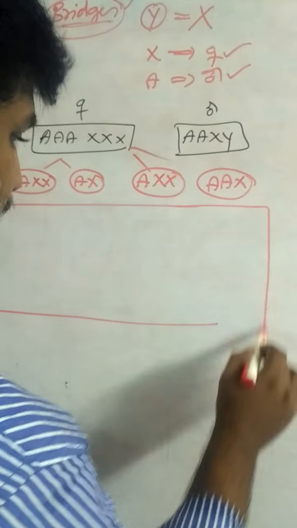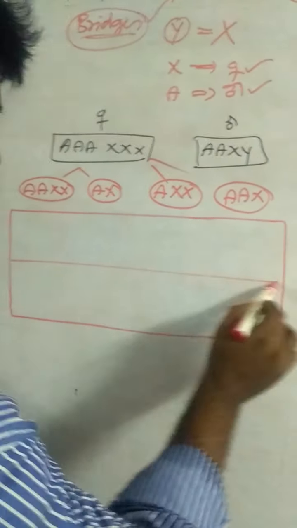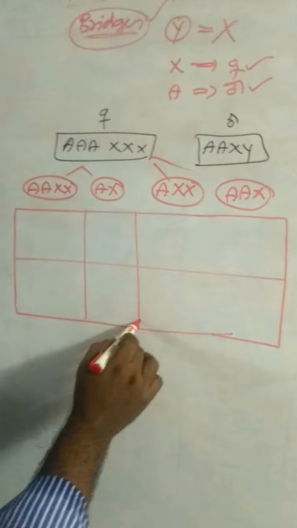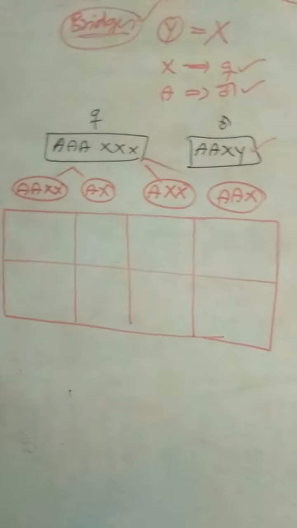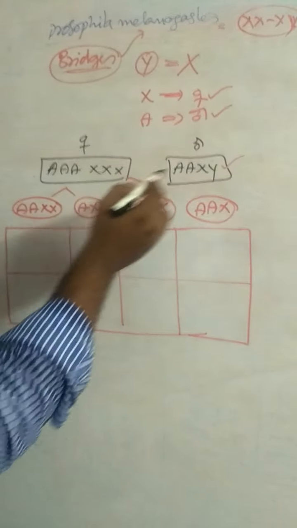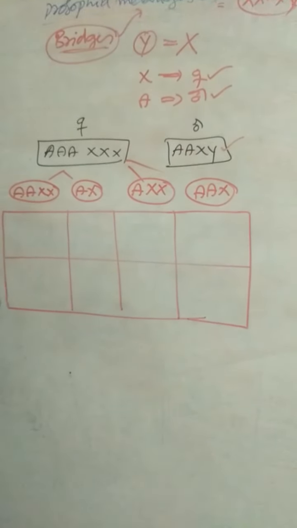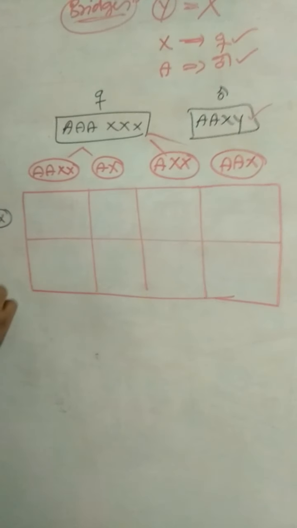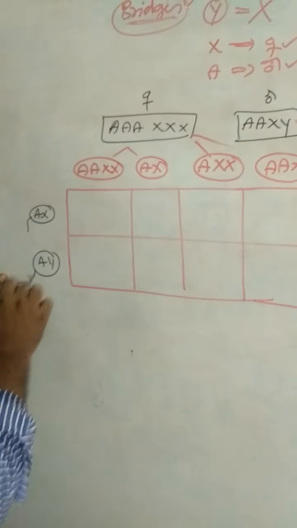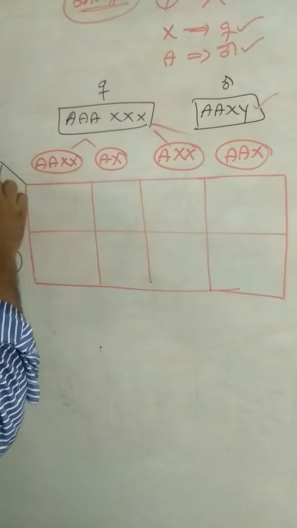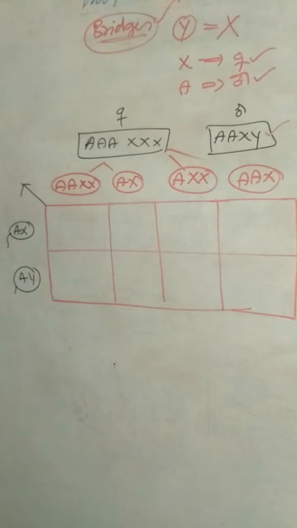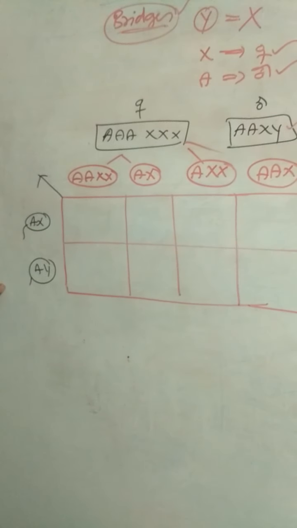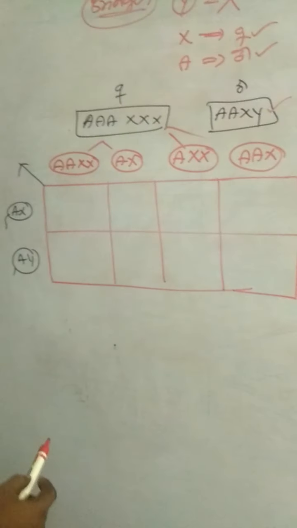The normal male produces two types of gametes, A plus X sperm and A plus Y sperm. Bridges crossed the triploid female with the normal male and observed different types of combinations.